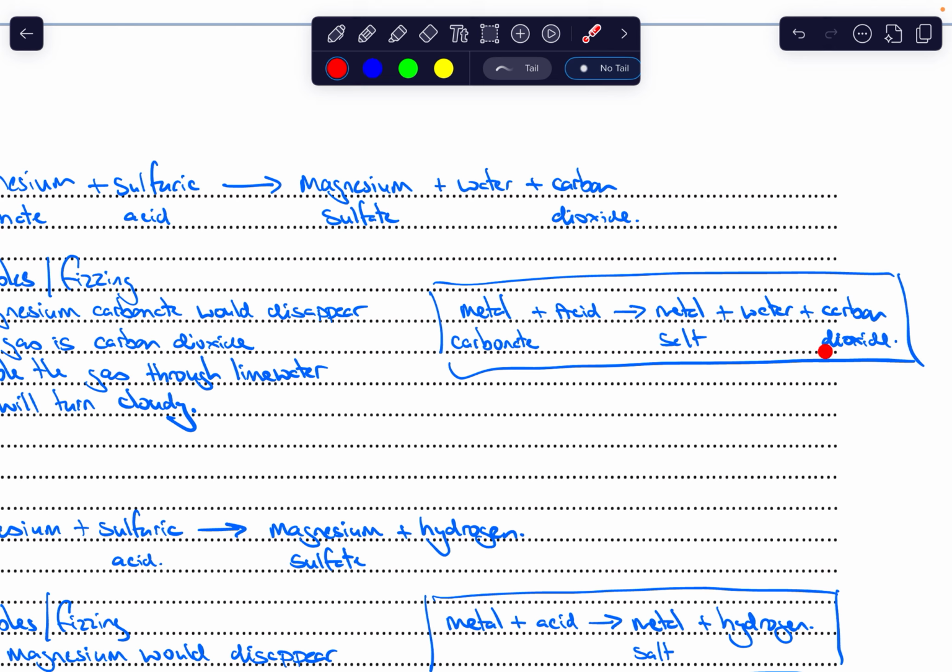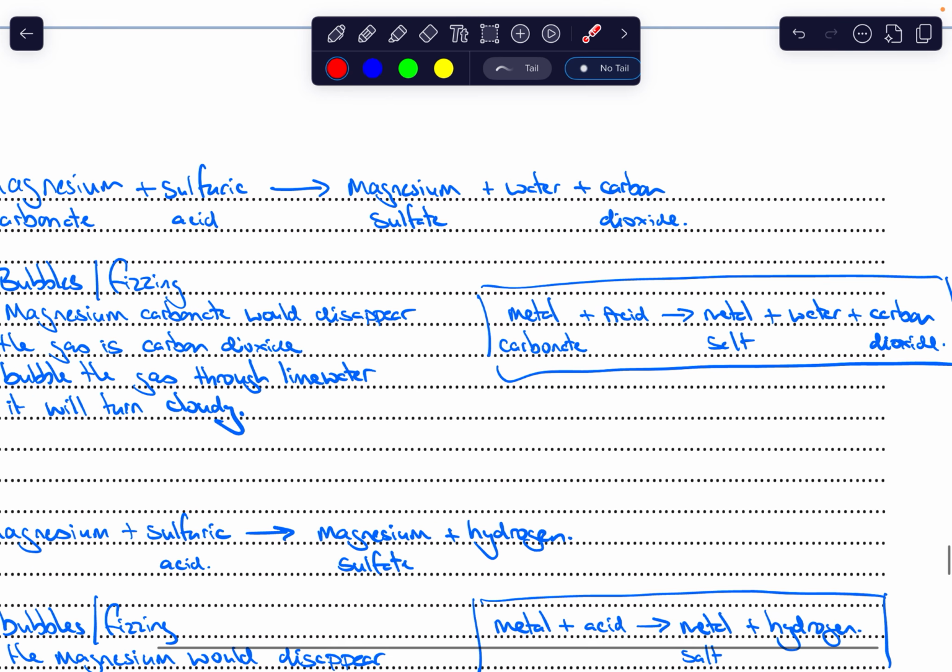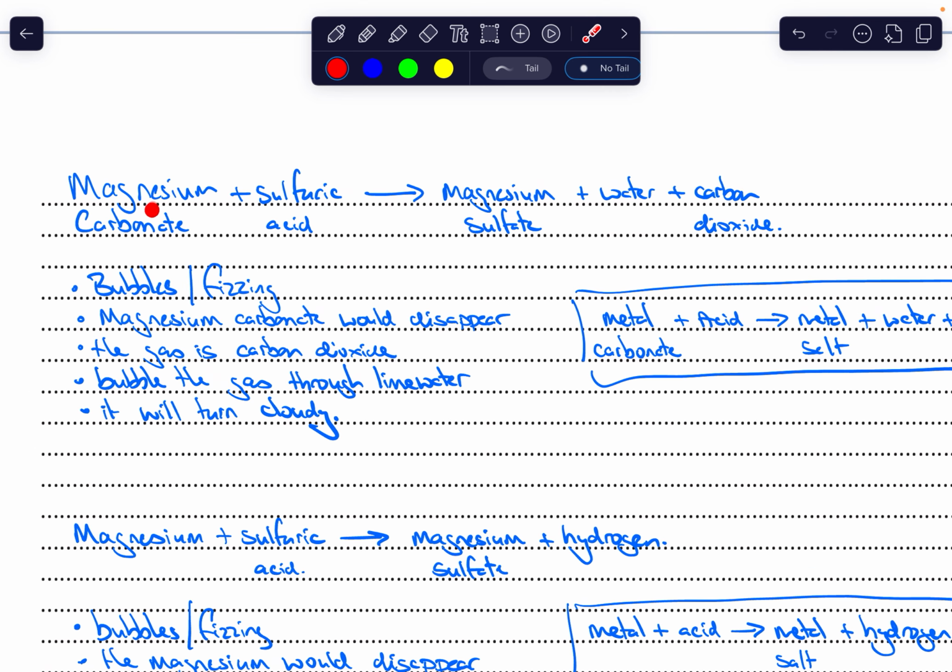If we write that down, we get a mark for it, and then we can write the proper equation. In this example, the metal carbonate is magnesium carbonate, the acid is sulfuric acid, and because it's sulfuric acid, it makes a sulfate. So we've got magnesium sulfate plus water plus carbon dioxide.